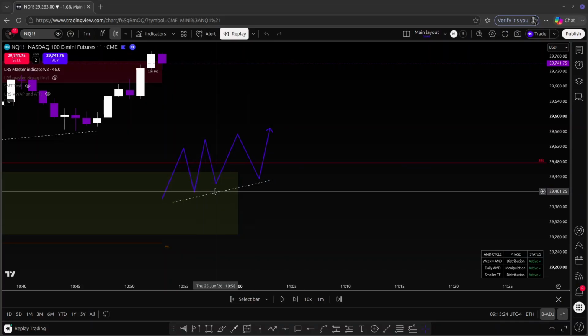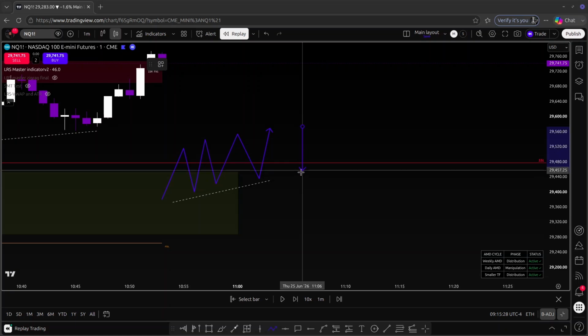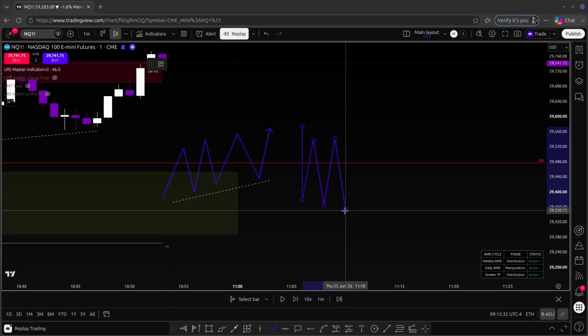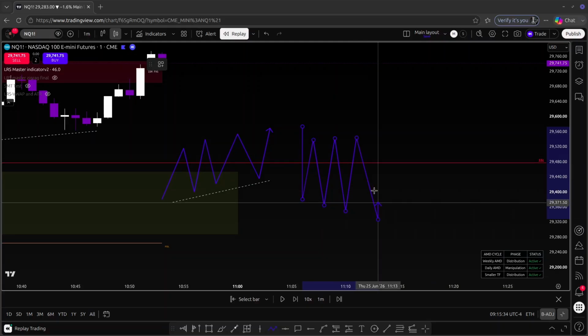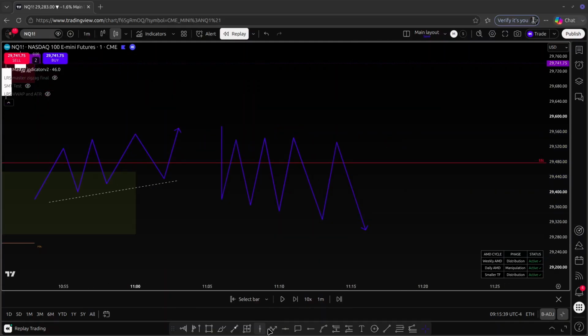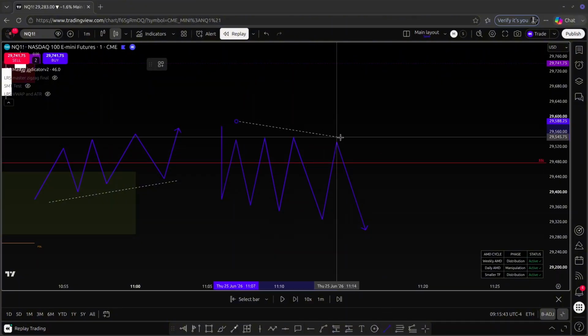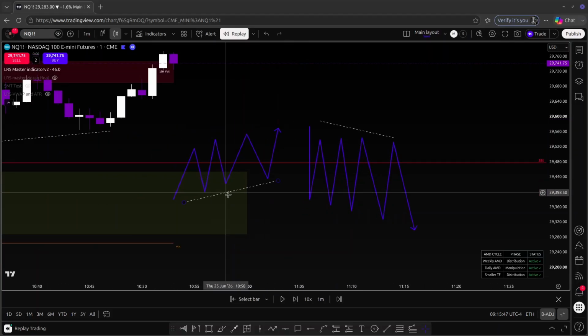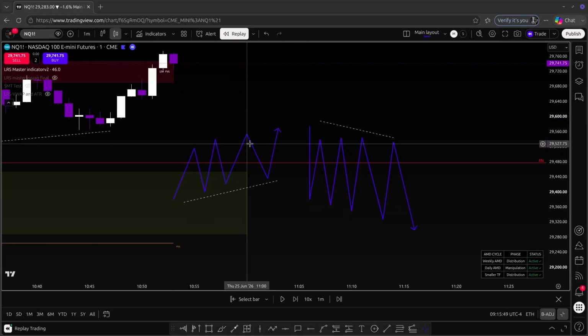That's low resistance liquidity. Same thing for a bearish narrative. The market likes to do these. Consolidate in a bearish narrative, not go anywhere, and generate low resistance liquidity. In this case, buy side liquidity, sell side liquidity.